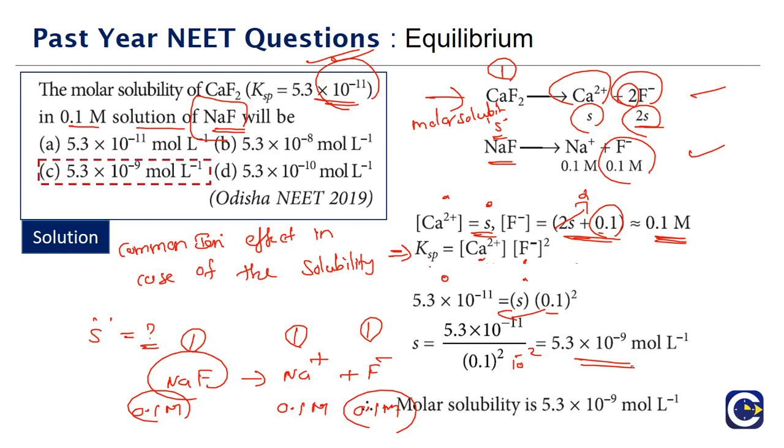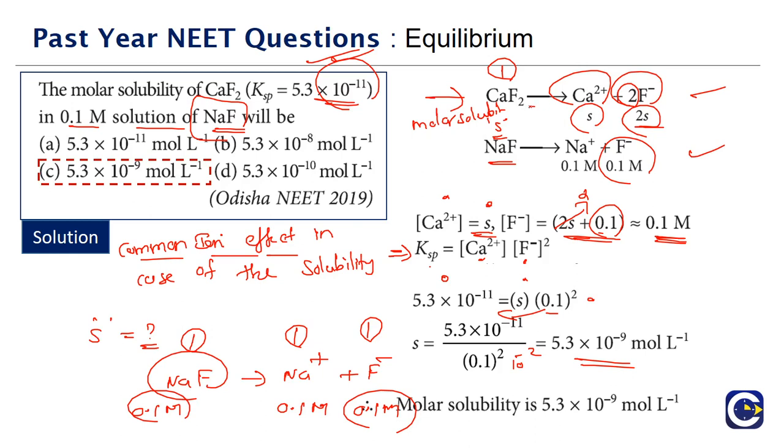Here the thing that we have to be careful about is how we are bringing in the common ion effect concept, and this simplification we are doing. Most often in the NEET examination, when we have problems based on the common ion effect, we will have situations where the concentration of the ion coming from a strong electrolyte is significantly higher in comparison to the concentration contributed by the equilibrium.